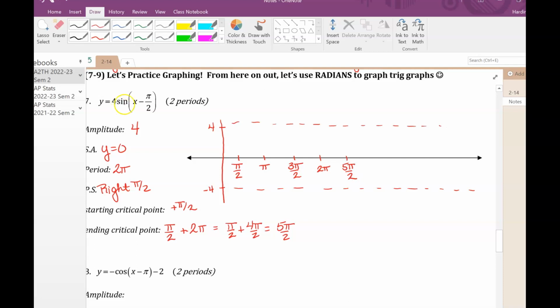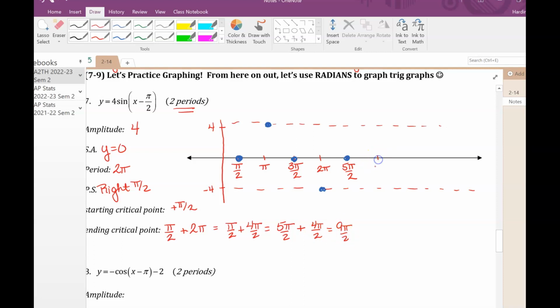This is a sine graph, so I'm going to start on the axis, go up to the maximum, back to the axis, minimum, axis. Now that right there is only one period of the graph. So actually, my ending, because it said to graph 2 periods, is going to be at 9 pi over 2.